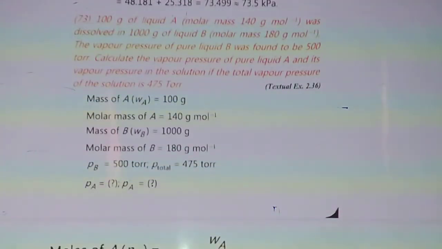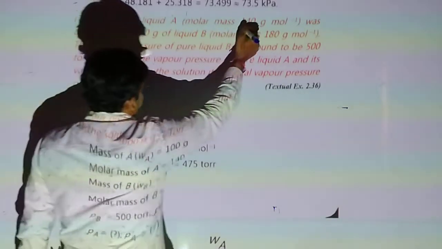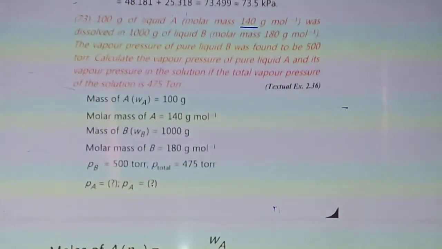Now 2.36, textbook exercise question. 100 gram of liquid A, molar mass of A is 140 gram per mole, was dissolved in 1000 gram of liquid B, and liquid B's molar mass is 180. The vapor pressure of liquid B was found to be 500 torr, meaning millimeter.